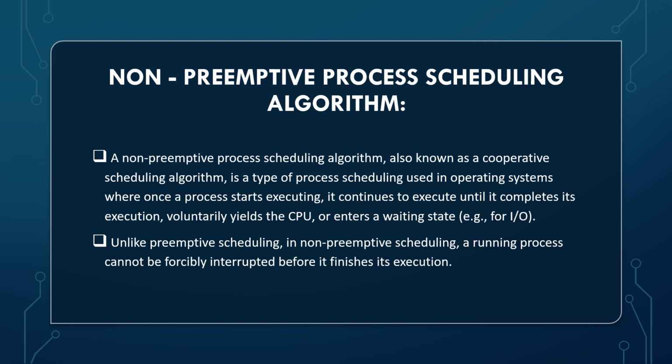That means when it needs resources from input-output devices, then only it goes to waiting state, or else it continues to execute until it completes its execution. Unlike preemptive scheduling, in non-preemptive scheduling, a running process cannot be forcibly interrupted before it finishes the execution.